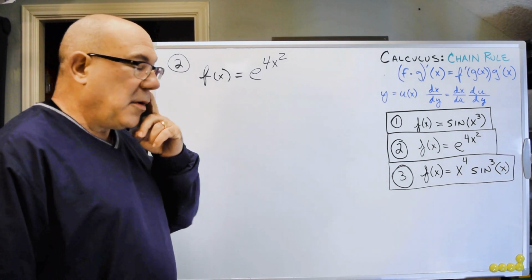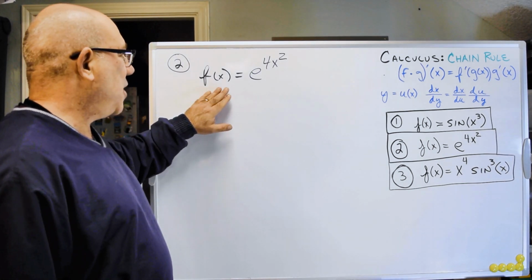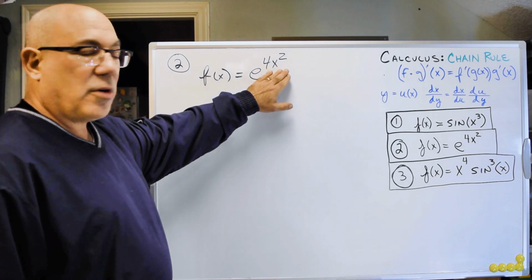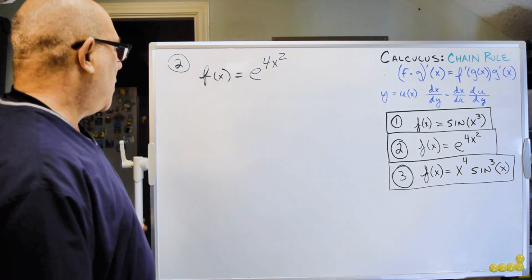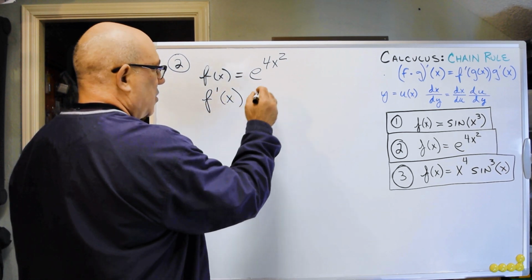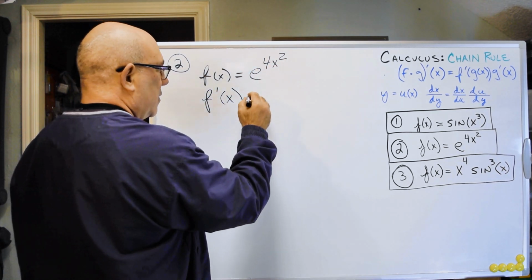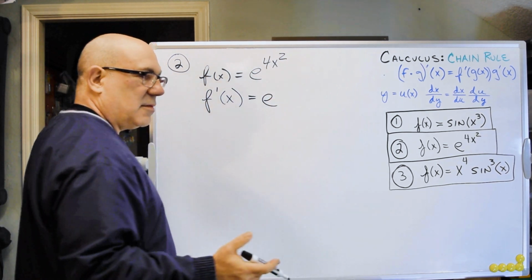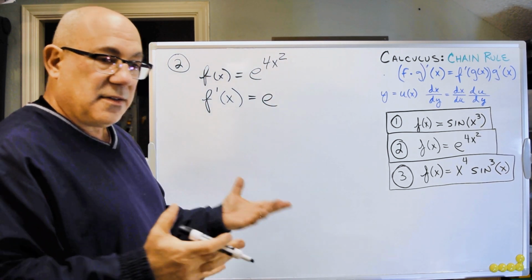For our second example, we're going to differentiate a function e to the 4x squared. So we'll start out by differentiating the first part, which will actually be just e to the 4x squared, because the derivative of e to anything is itself.